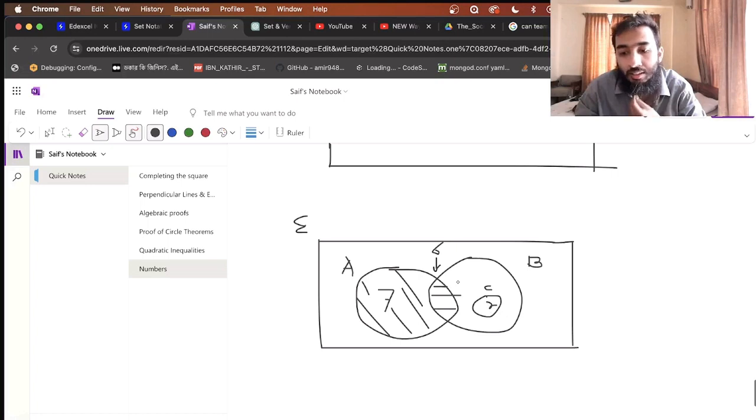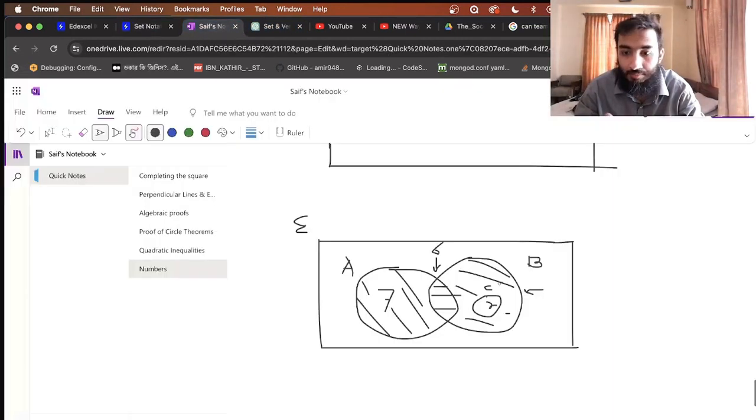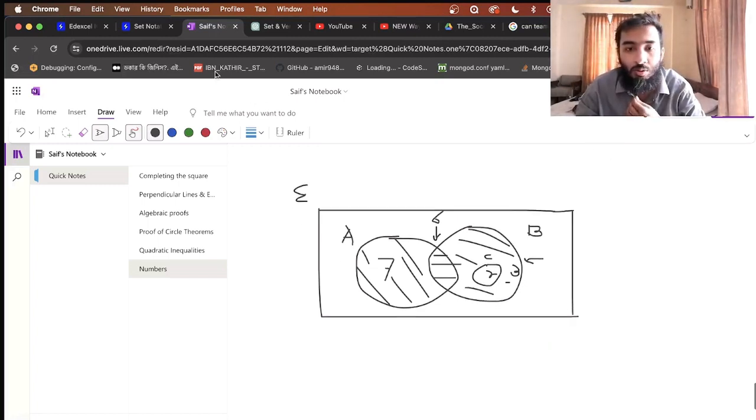The number represented by this portion is given as 3. So 3 is the portion bearing C and the intersection, the overlapping between A and B.